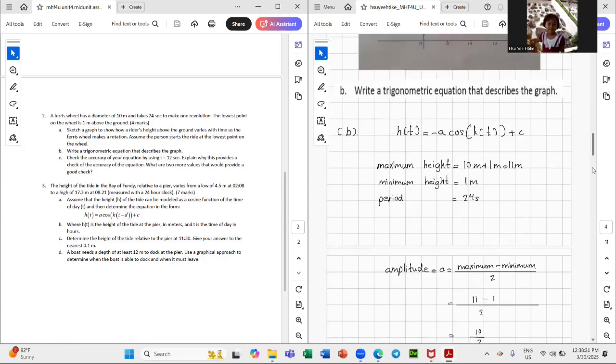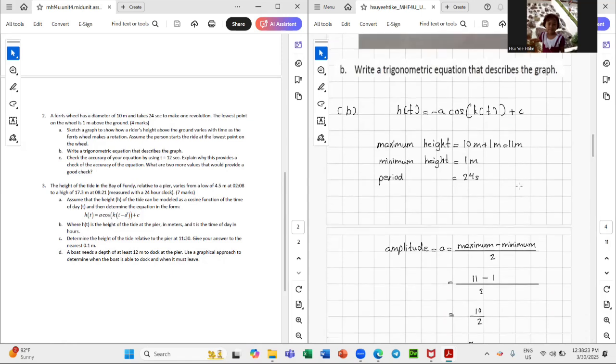So the lowest point, the minimum point, would be 1 meter. And the period would be 24 seconds, because the question says it takes 24 seconds to make one revolution. So the period is the time taken to finish one revolution. So the period is equal to 24 seconds.